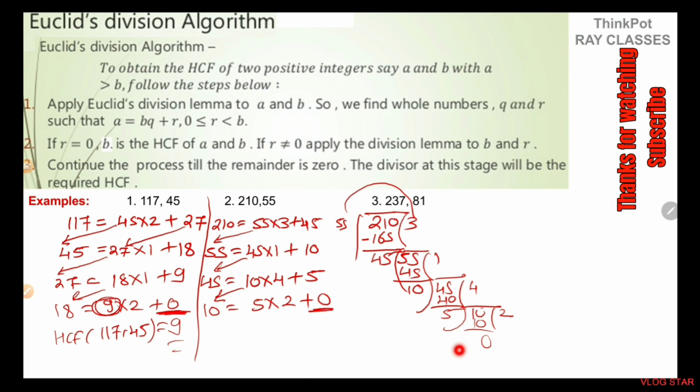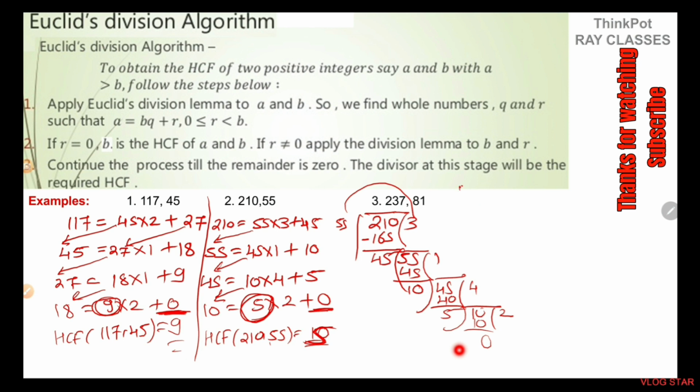So once you get remainder 0, we can say the HCF is 5. So HCF of 210 and 55 is 5, not 10, because in the last step we are dividing 10 by 5. So the number is 5.